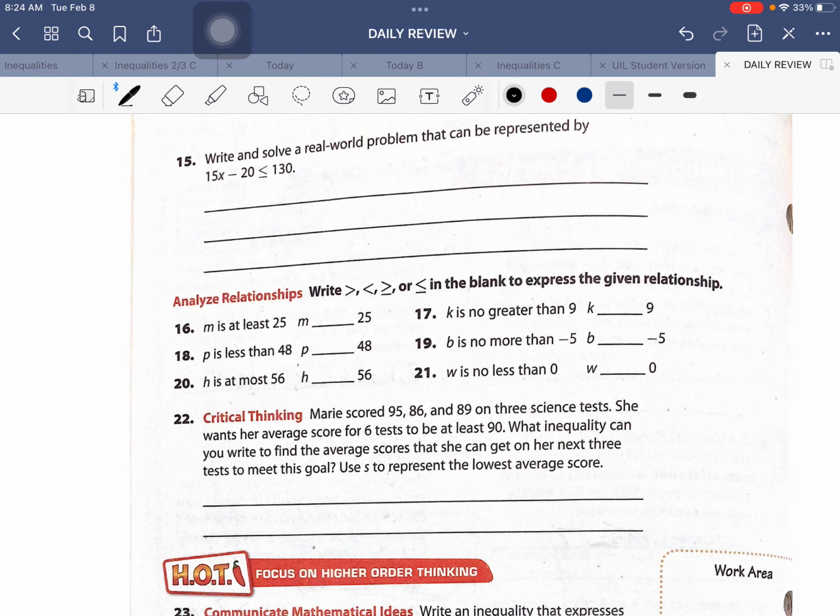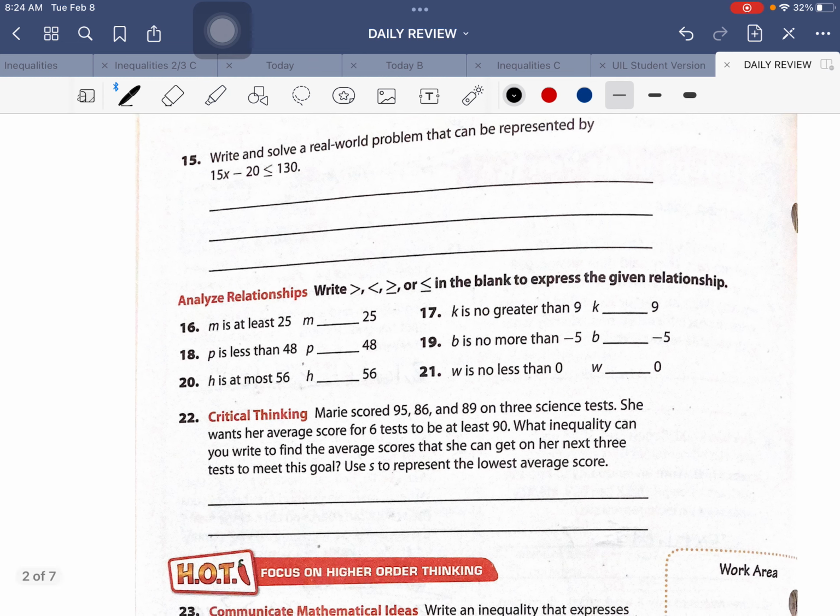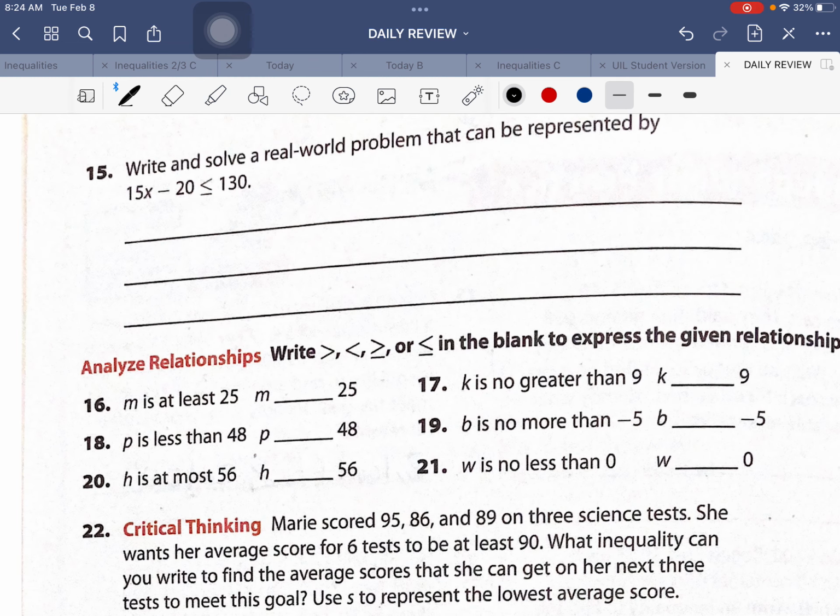We're going to return to our previous lesson for just a little bit. And it isn't solving inequalities, it's just writing inequalities. I want to make sure that you guys know this.